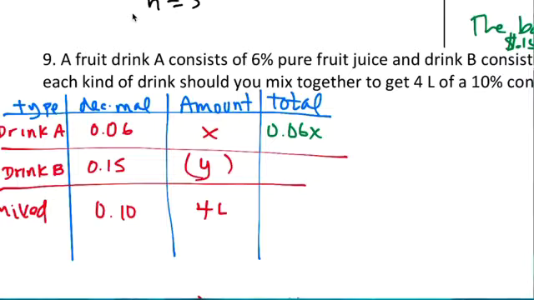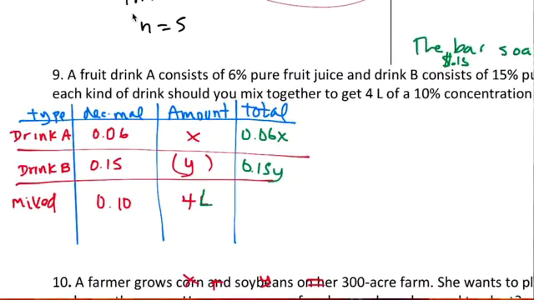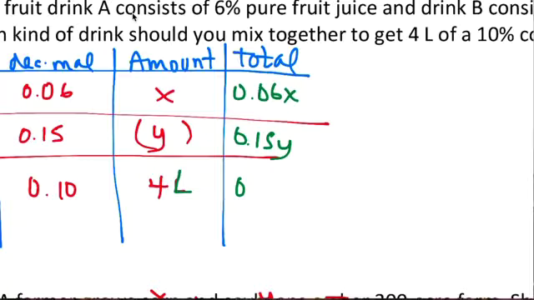We get 0.15y. This is 4 liters. You get 0.4 when you multiply that by 10. Then you multiply all of it by 100.